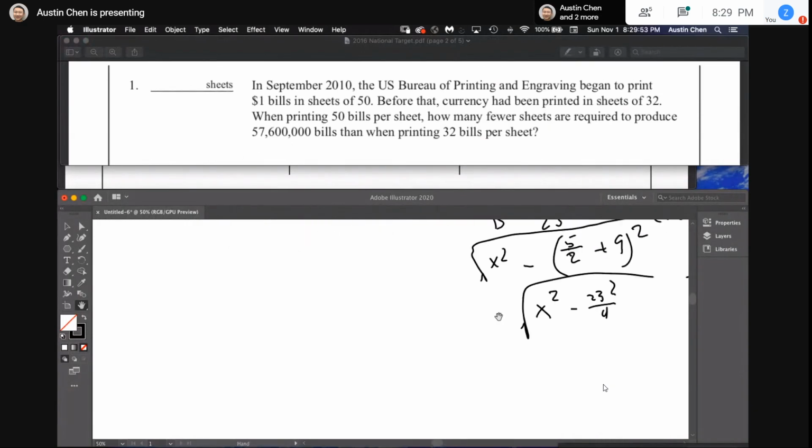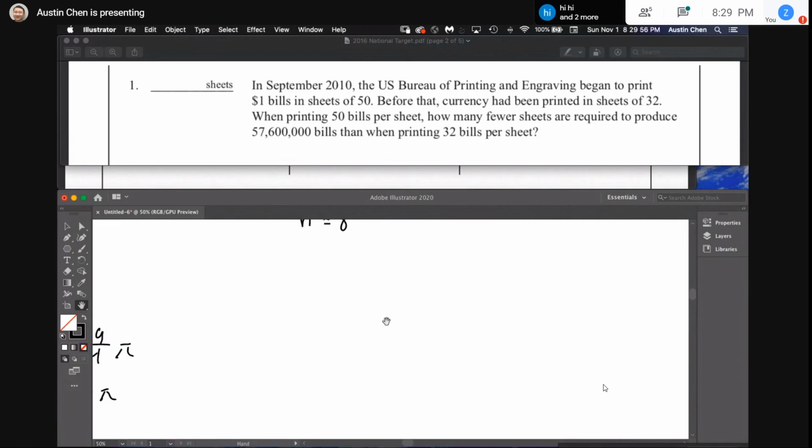In September 2010, the U.S. Bureau of... I'm not going to read that. Began to print $1 bills in sheets of 50. Before that, currency had been printed in sheets of 32. When printing 50 bills per sheet, how many fewer sheets are required to produce that many bills than when printing 32 bills per sheet? All right, this one is really easy, especially since you have a calculator on Target.